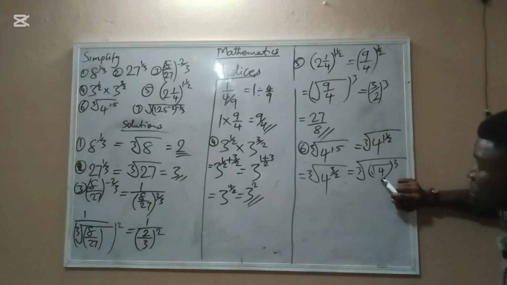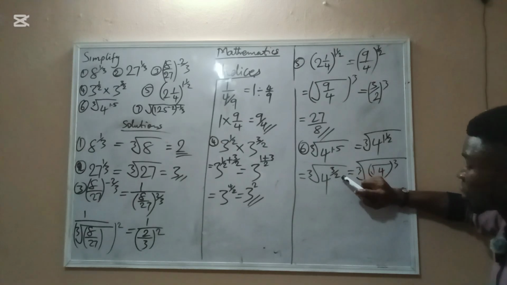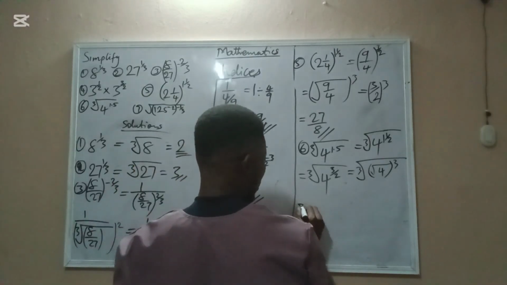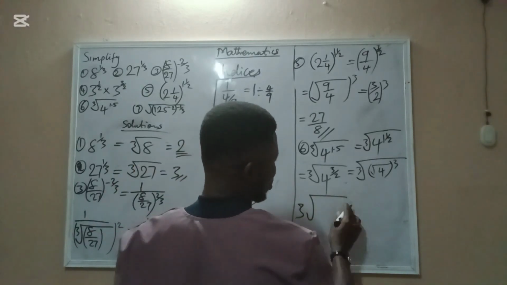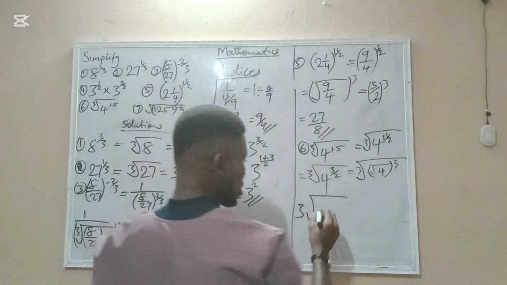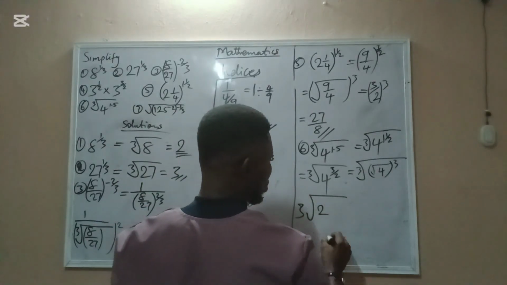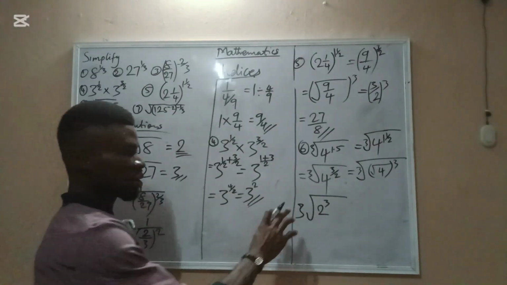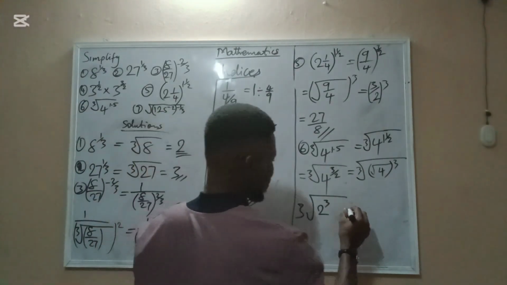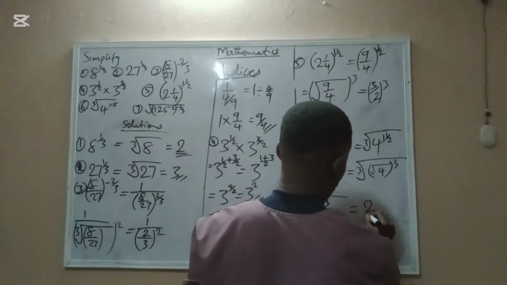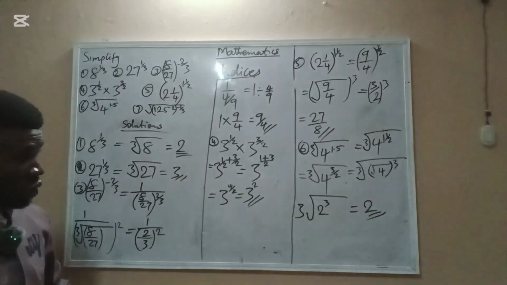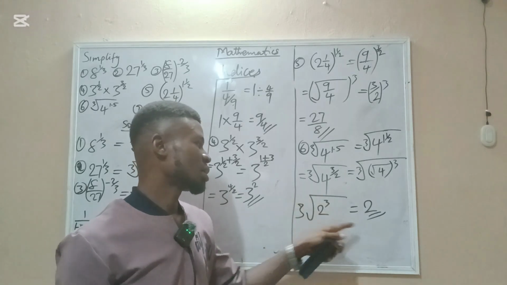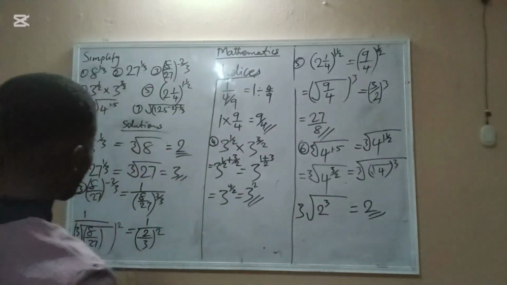That's what we are trying to simplify, because it has a fractional power 3 over 2. And from there we have cube root of square root of 4, which is 2 raised to power what? 3. And of course, cube root of 2 raised to power 3 is equal to 2. 2 raised to power 3 is 2 times 2, 4 times 2, 8. And cube root of 8 is 2.